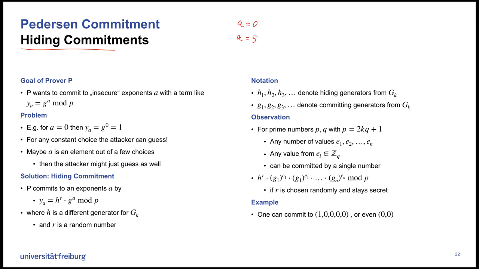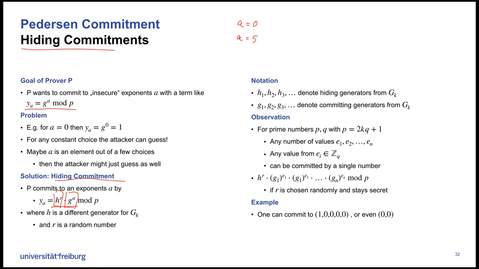Of course, we cannot write down G to the 0, because that's a giveaway. That's a bad idea. So what we do is a so-called hiding commitment. We have two nothing-up-my-sleeve generators, and the first one has a random power, H to the R, and the second one is whatever we want to commit to.